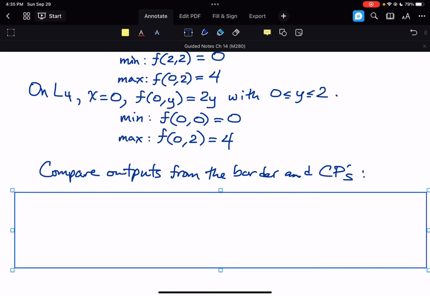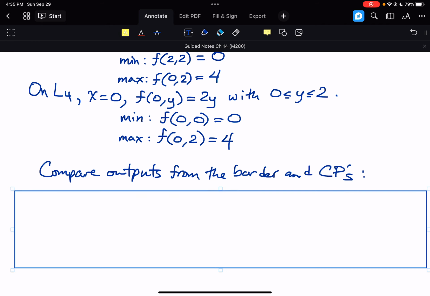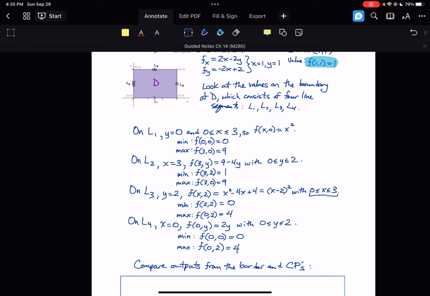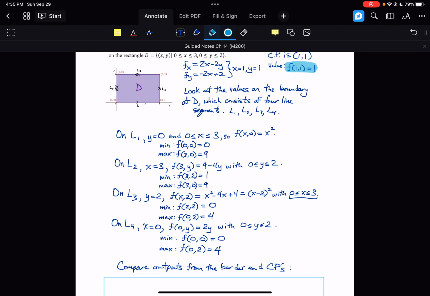So compare the outputs from the border and from the critical points. So if I zoom this way out here, we've already found our critical point value, and then we've got our mins and maxes here.